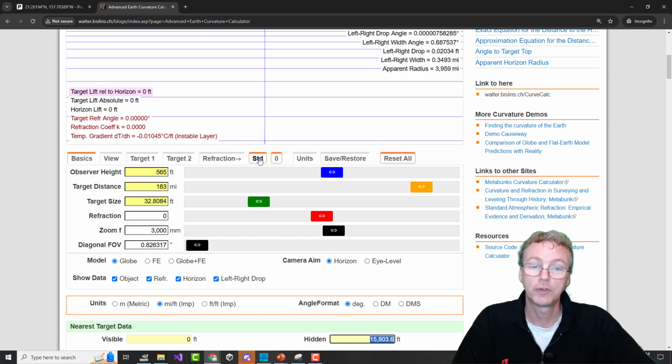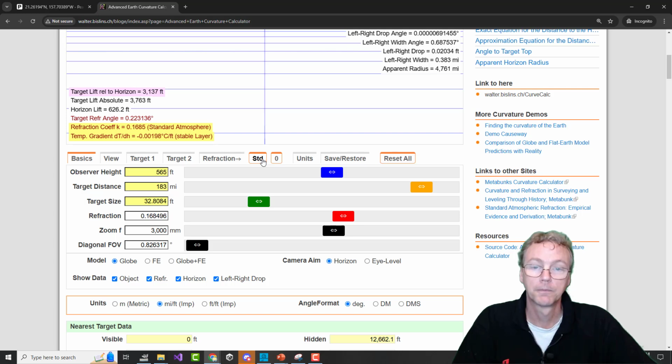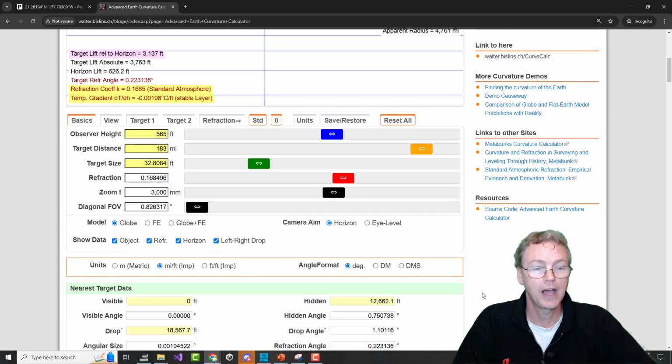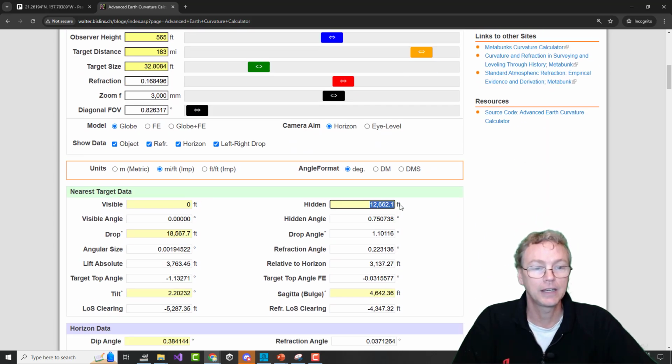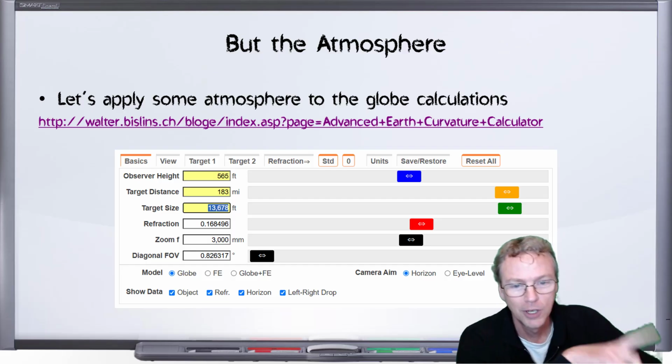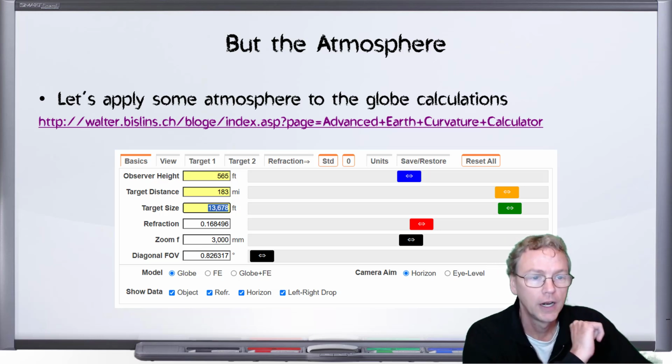Let's apply an atmosphere. Click this button right here, standard atmosphere, and now look at the hidden amount, 12,662 feet. Okay, so we went into Walter Bisland's Earth Curve Calculator, and we're going to punch standard refraction.